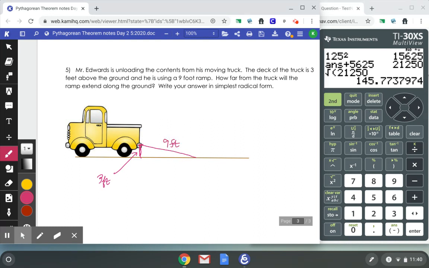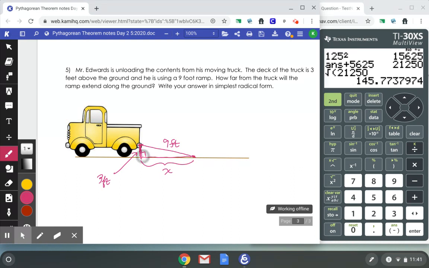How far from the truck will the ramp extend along the ground? So how far from the truck does this ramp go? So we're looking for this distance right here. This height of the bed, or the deck they call it, and the ground make your 90-degree angle.